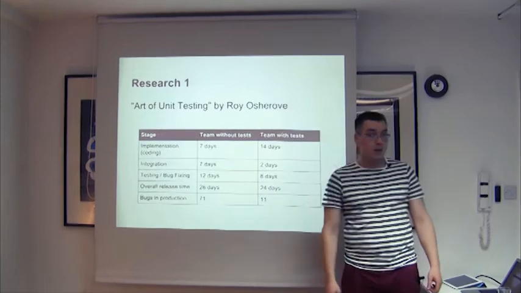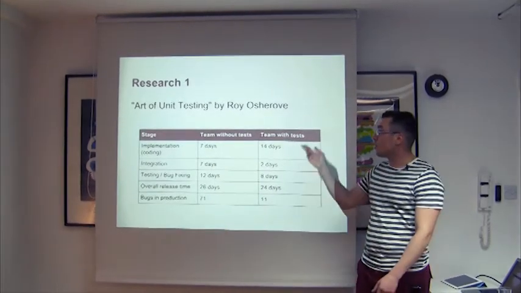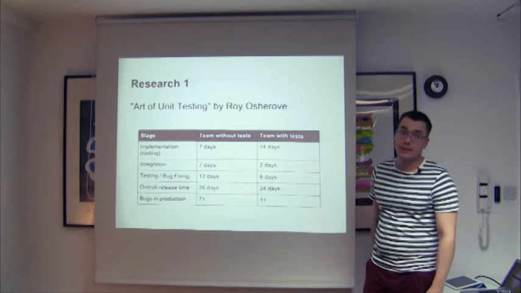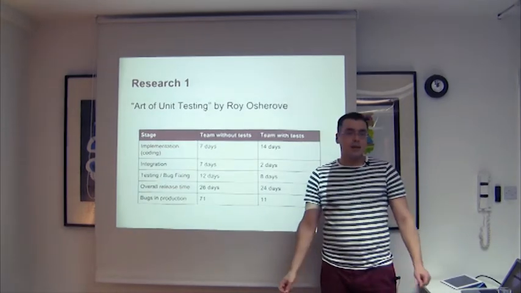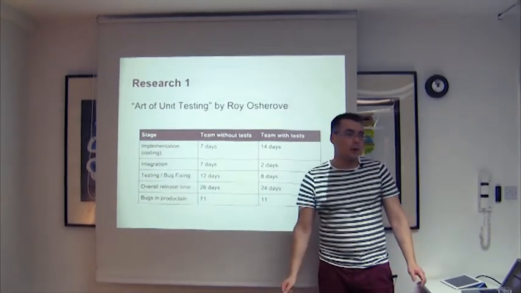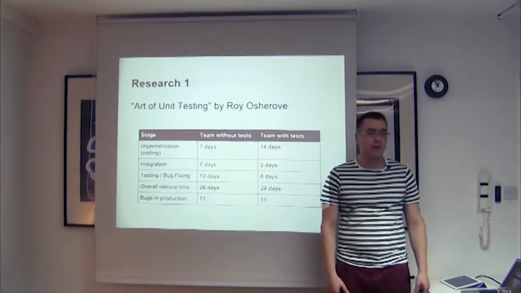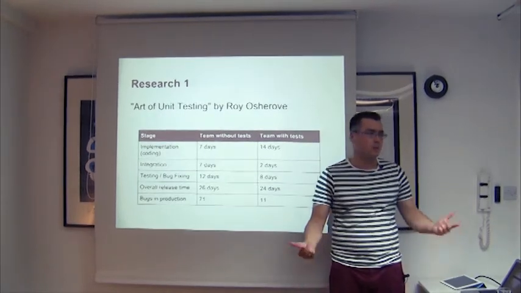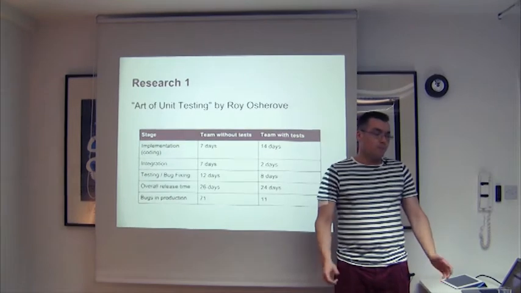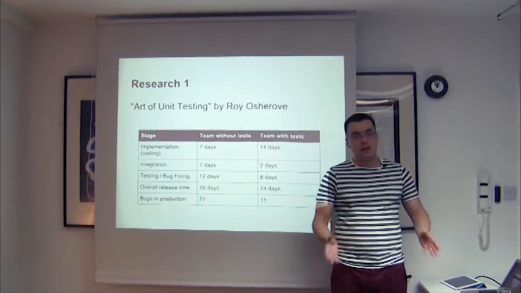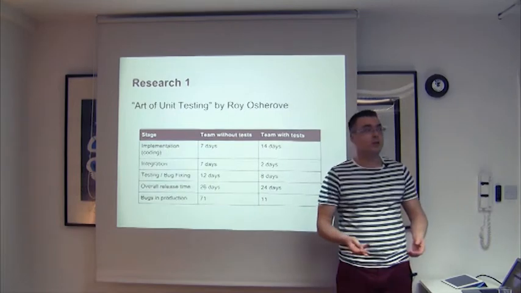So the first research I found was performed by Roy Osherove in his book, The Art of Unit Testing. The book is mostly about creating good unit tests. I think the context is C#, but it doesn't really matter. But not only. He discussed a few other interesting things.